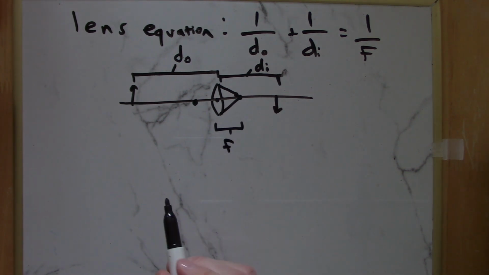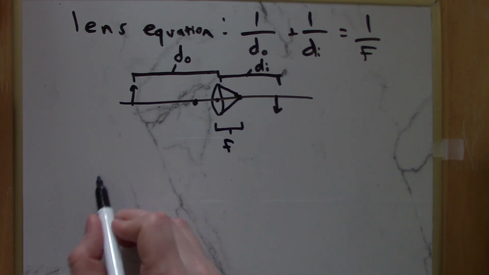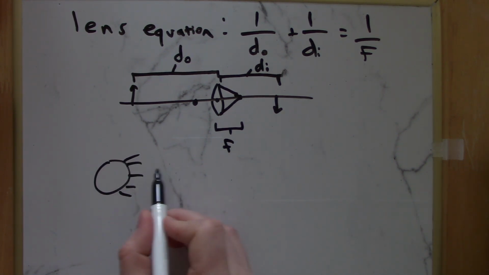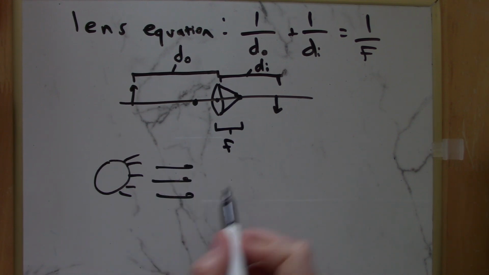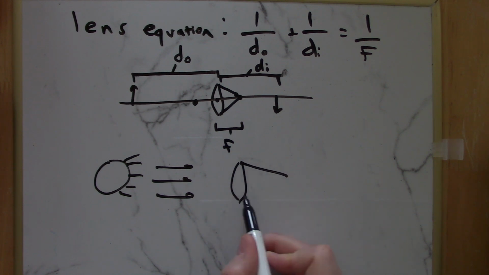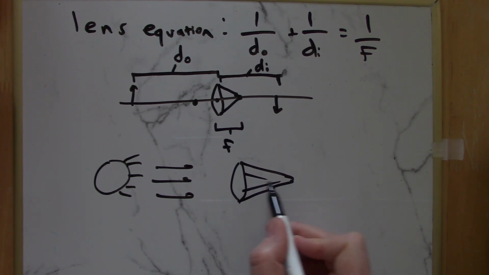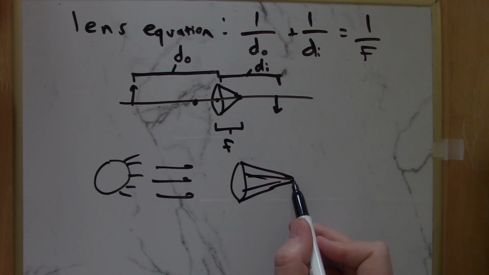If you've ever done this with a magnifying glass on a sunny day, you'll have seen this in action, because you will have the sun producing streams of parallel light going through a lens, and that light will all focus into the focal length of the lens, something like that, and create a very, very bright hot spot on the focal point here.